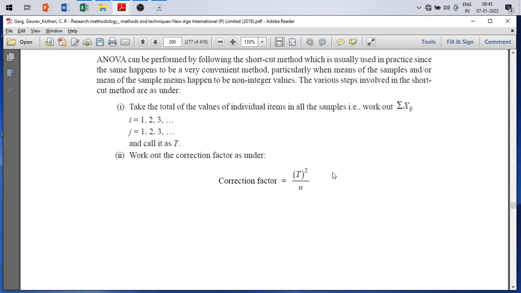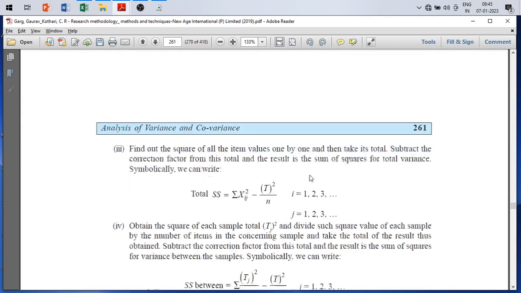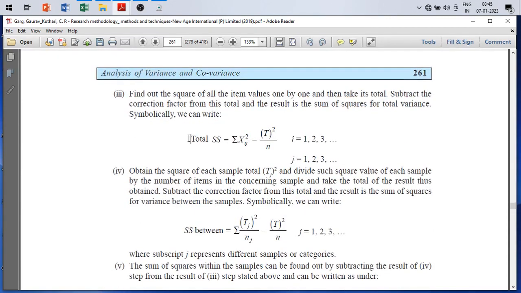N is the total number of items in the table. And then SST we can calculate using this formula: sigma xij square, so square all the values in the table, add them, minus this correction factor T square by n. This is SST.